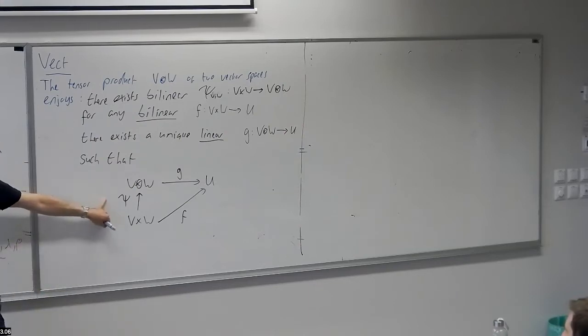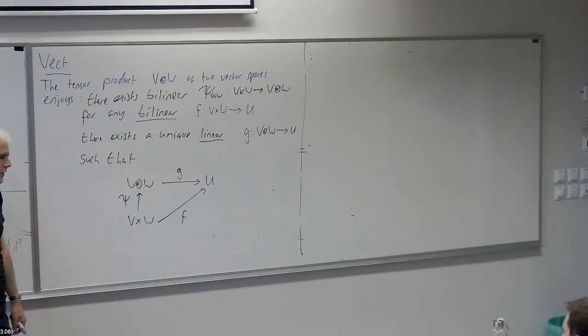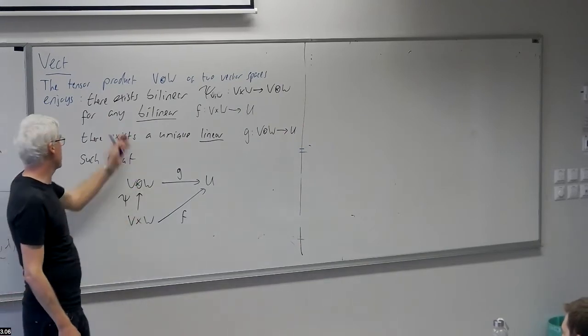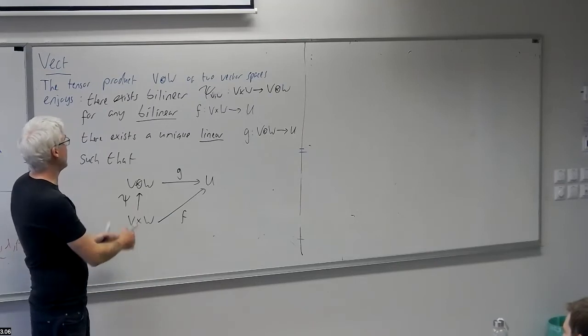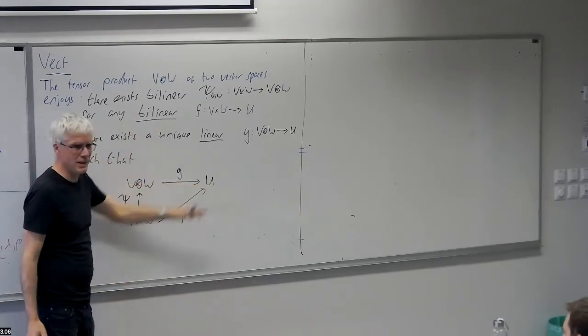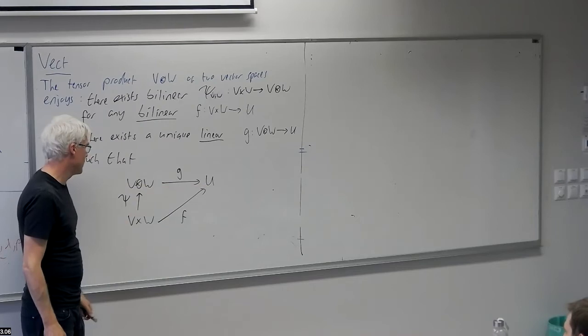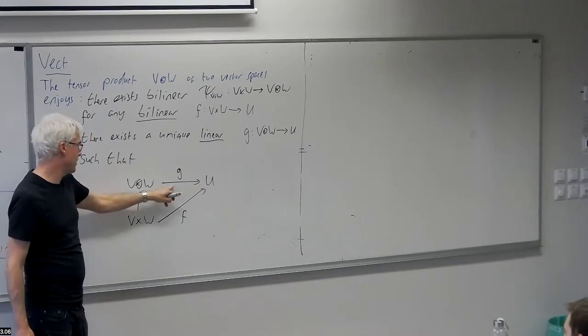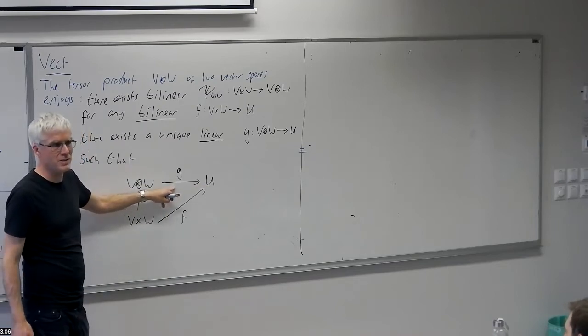So a question for you: in what category is this diagram? It's not in the category of vector spaces. Why not? U is a vector space, but only the map G is in the category of vector spaces.